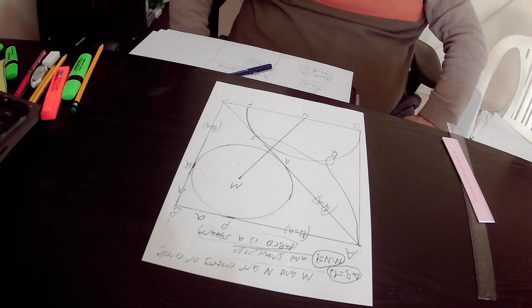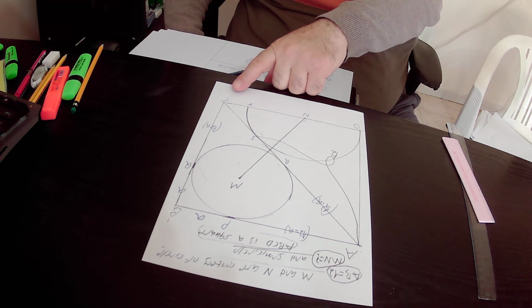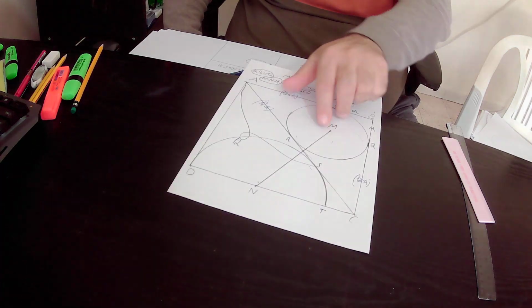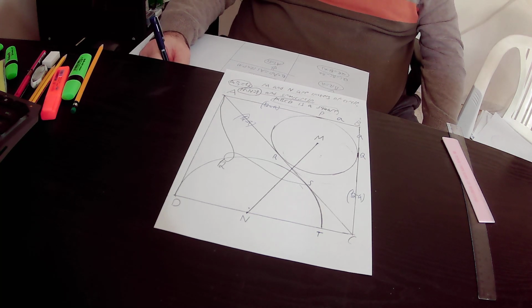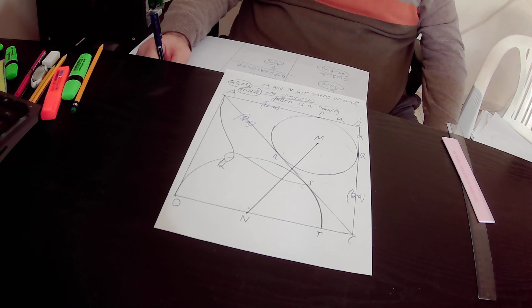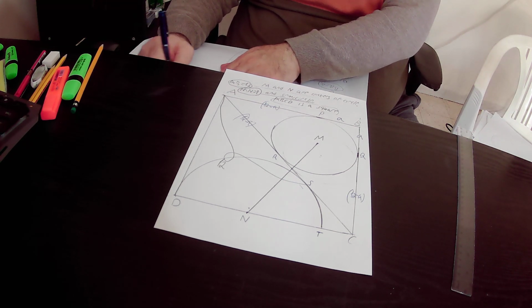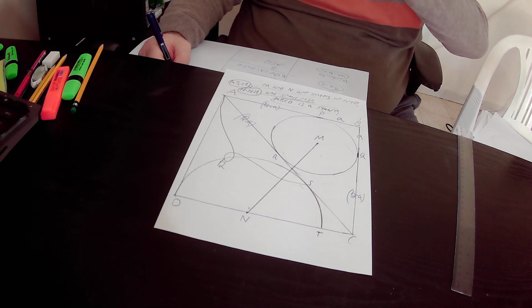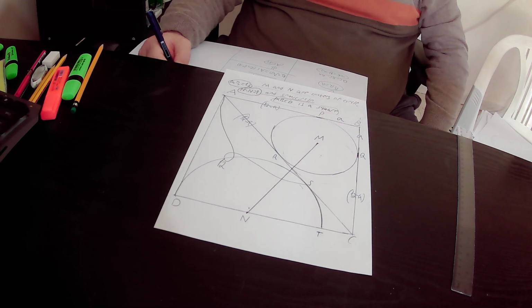In the next step, we will focus on the external point C. Here, from the external point C, we have two tangents to this circle.